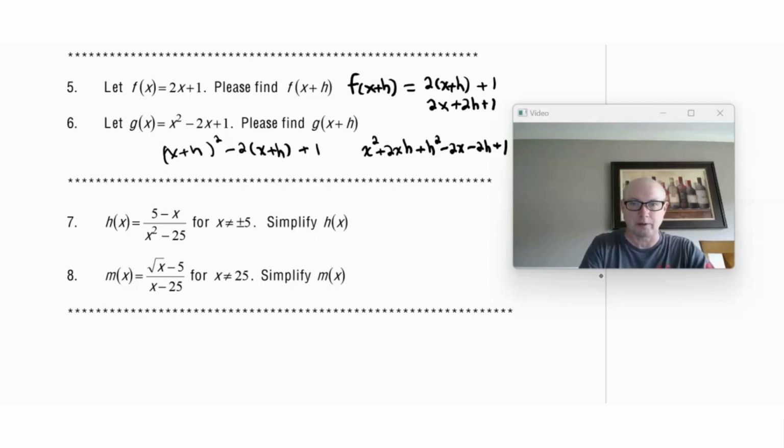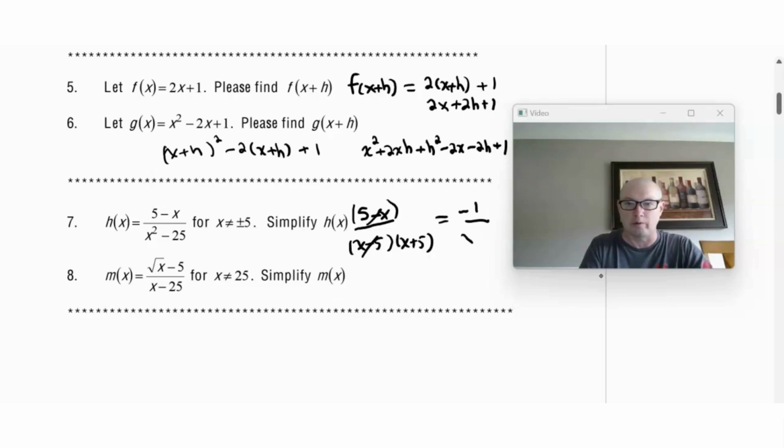It's a difference of squares, so we would get 5 minus x divided by x minus 5 times x plus 5. So we want to recognize here that 5 minus x divided by x minus 5 are actually opposites. So when you have a binomial that's flipped, when you divide, you get -1. So this would come out to be -1 over x plus 5.